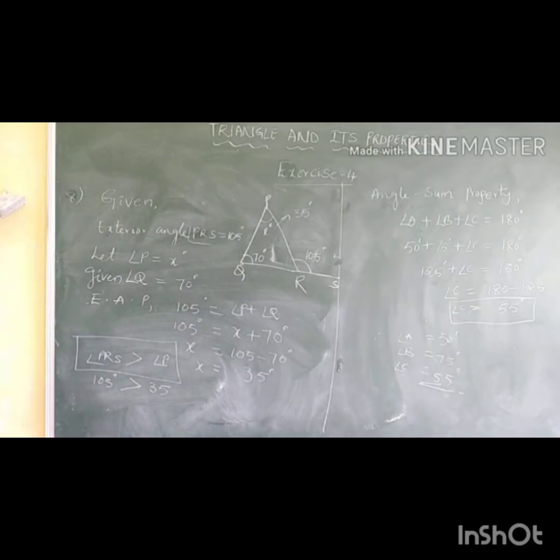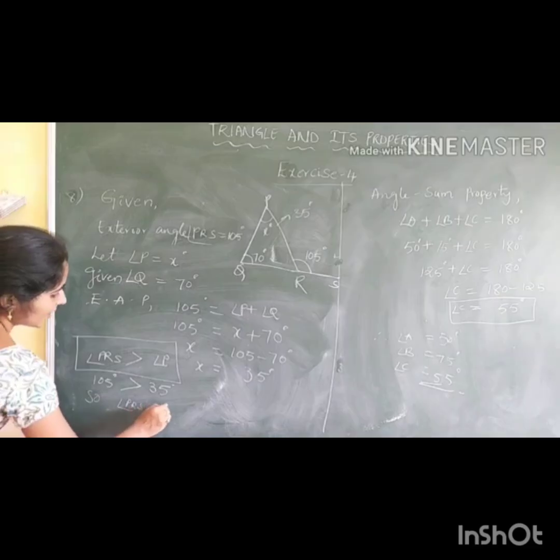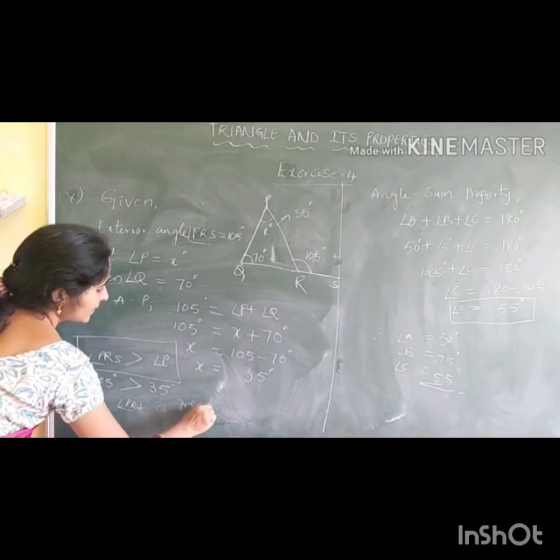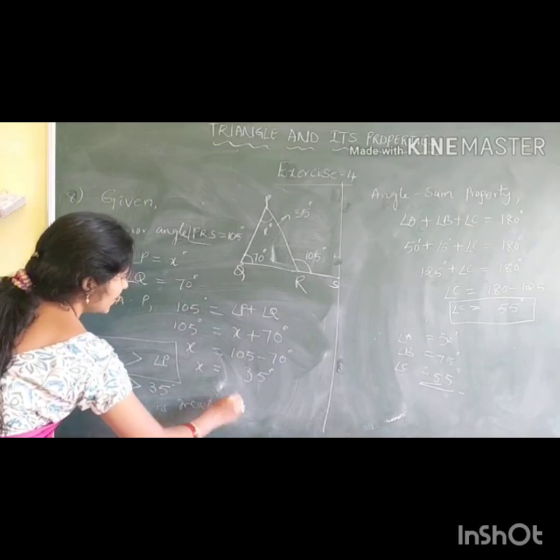Automatically 105 degrees is greater than 35 degrees. So you can write angle PRS is greater than angle P. Understood? This is the 8th sum.